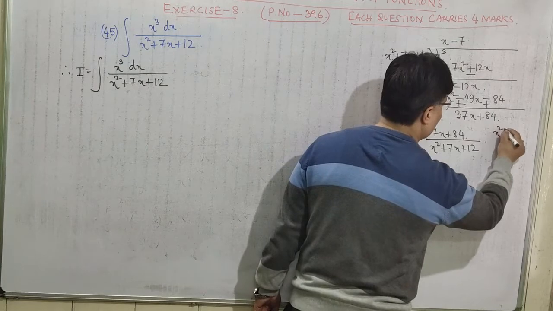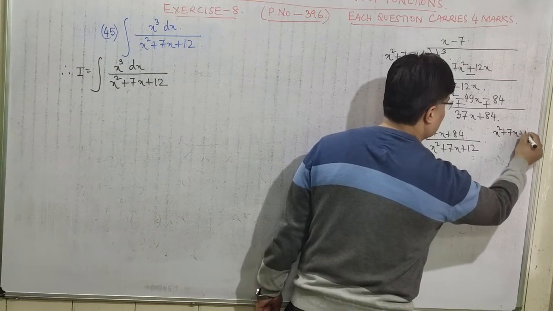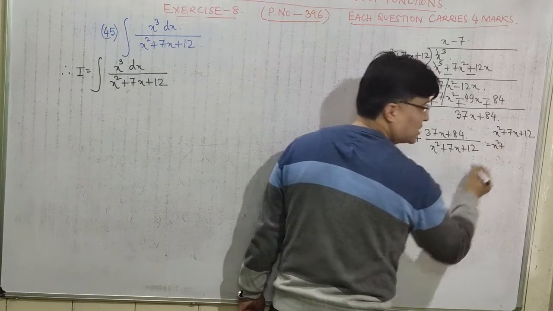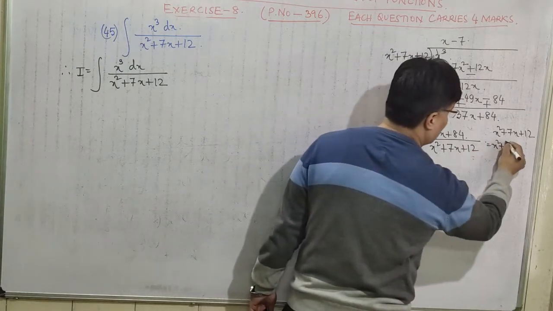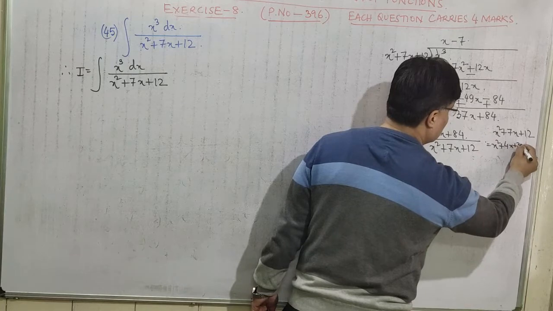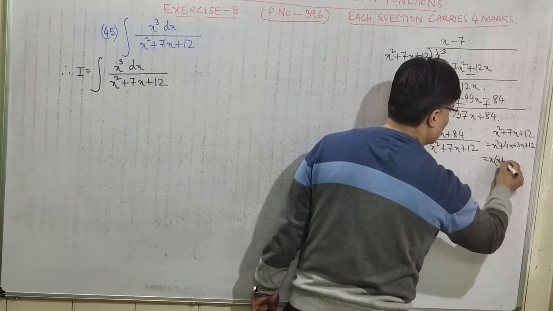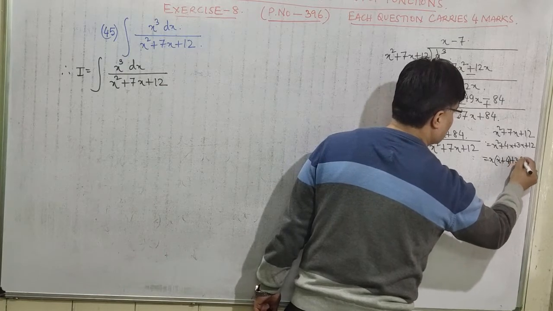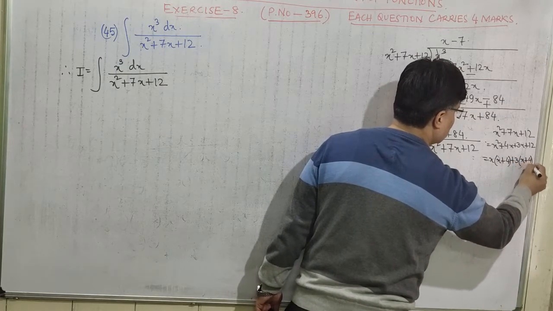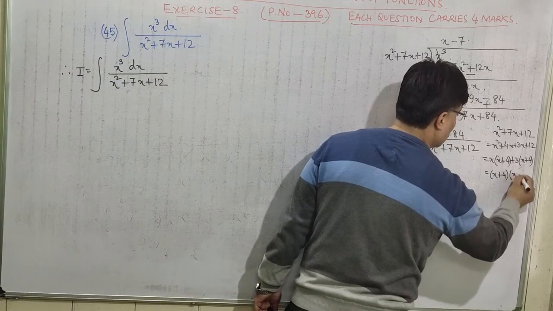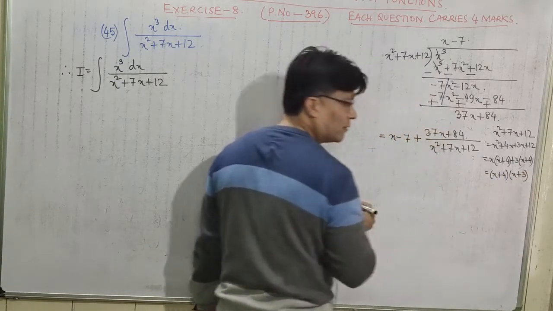That is x square plus 7x plus 12. So how will you factorize it? You know 4 threes are 12, 4 plus 3 is 7. So it is x square plus 4x plus 3x plus 12, which is equal to x common, x plus 4, plus 3 common, x plus 4, which is equal to x plus 4 into x plus 3, right?